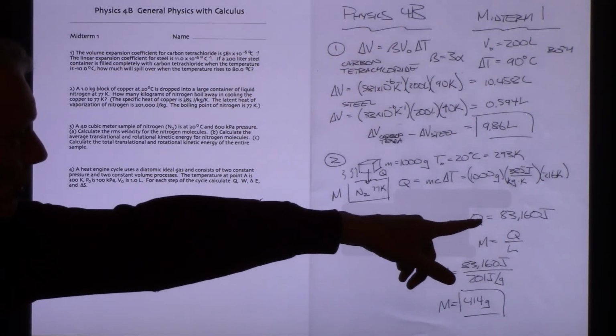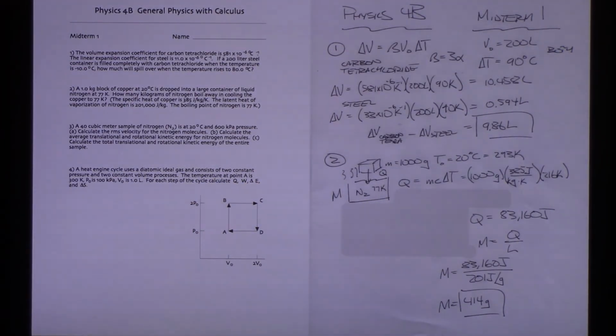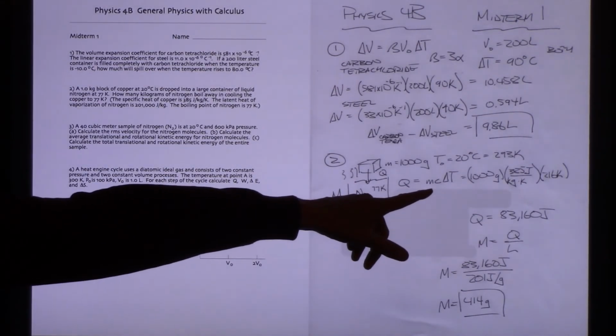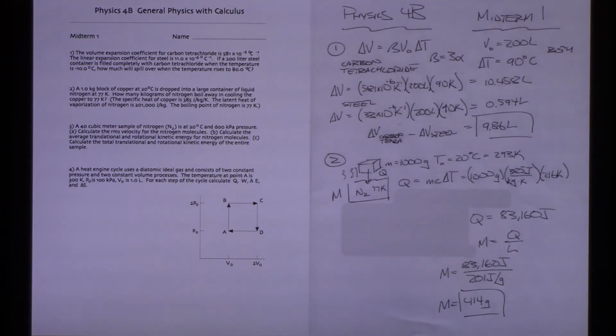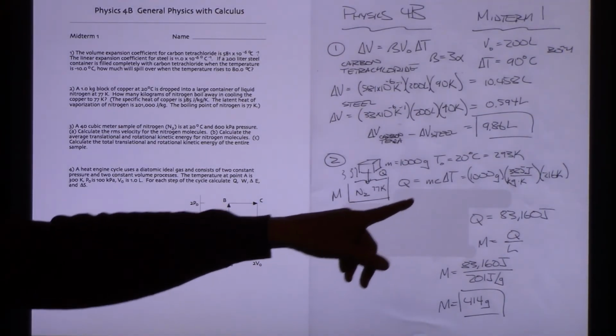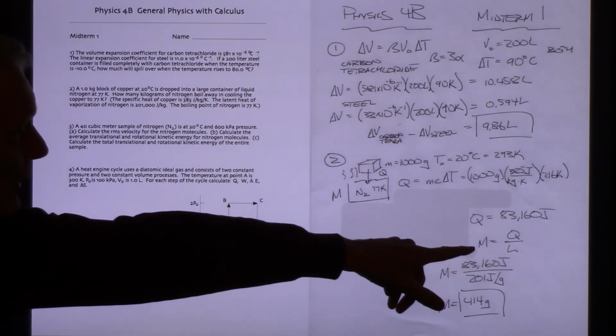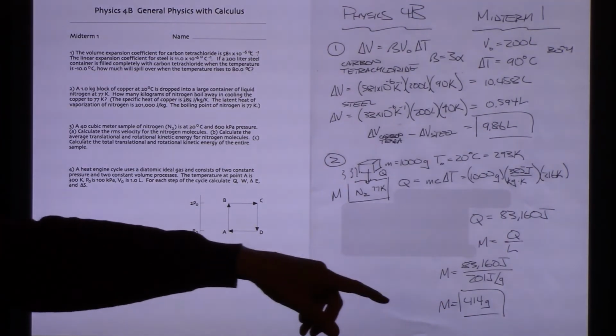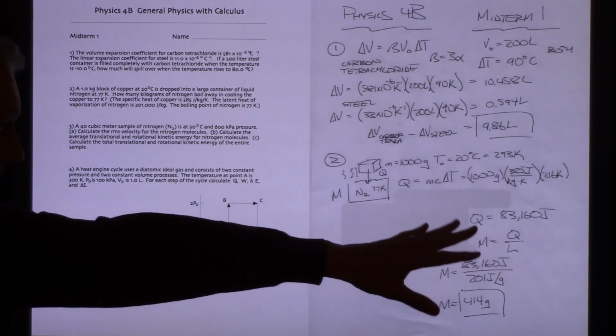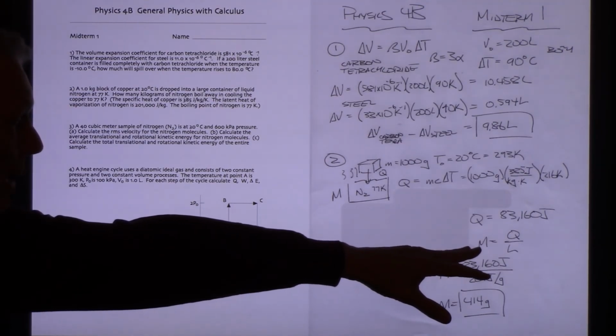All right, the thermal energy, the heat coming out of the copper, 83,190 joules. So that's an easy enough process to calculate here with the copper. Now, what I want to do is say that the Q that comes out of the copper is the Q that's going to vaporize the nitrogen. So I can use the latent heat formula and flip it around, so I'm solving for mass.